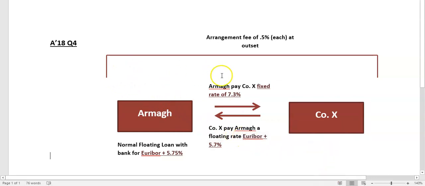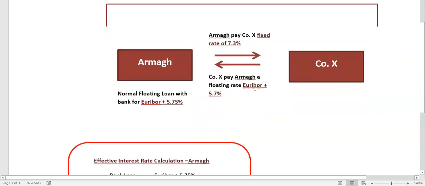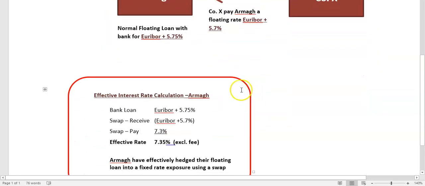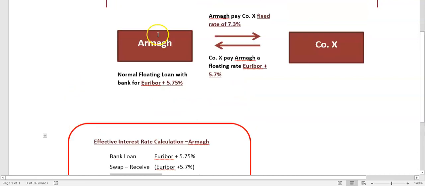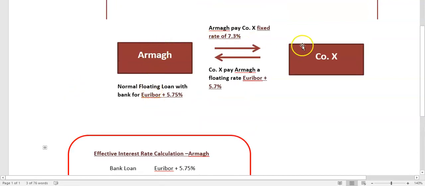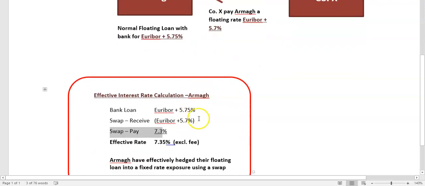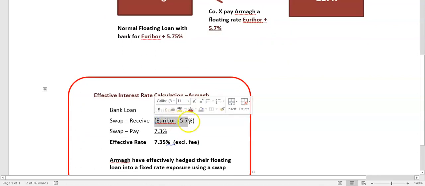But if we take all of these together, this position, we can see the net outcome for Armagh of this swap. So they're going to have two outflows, Euribor plus 5.75, that's an outflow, so we leave that as positive, and they're paying the swap 7.3. So some's going to its bank, some's going to Company X, and they're getting in Euribor plus 5.7 from the swap.